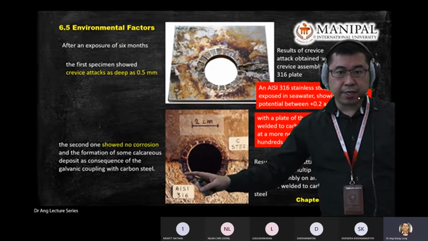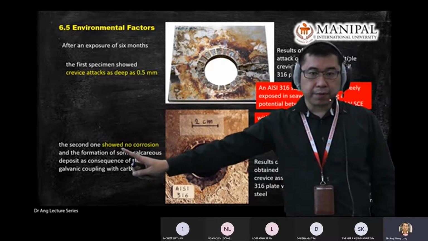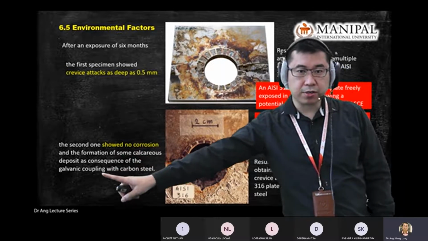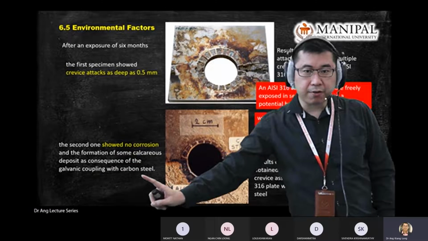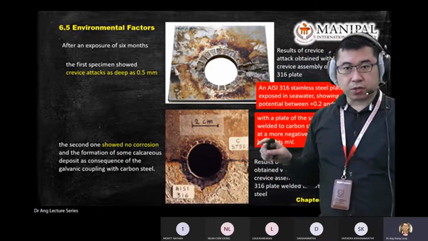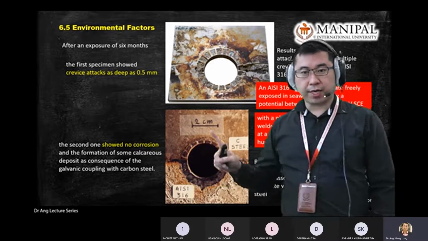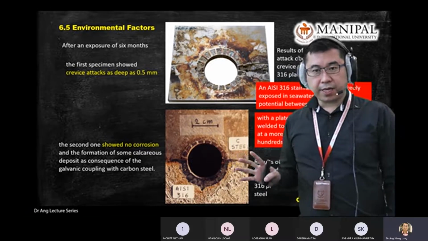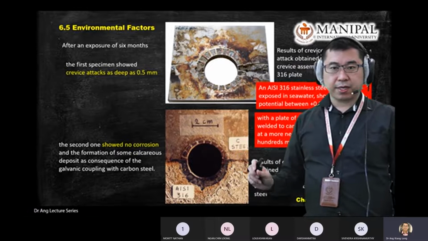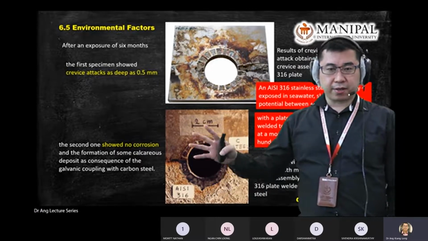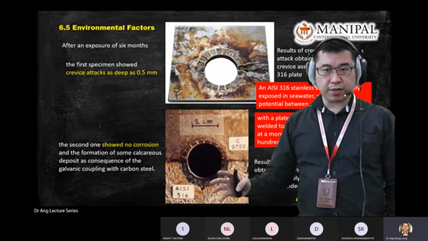The second one shows no corrosion, only formation of some carcass deposit, and the consequences of galvanic coupling of carbon steels. So if you join two metals together, galvanic corrosion takes over.